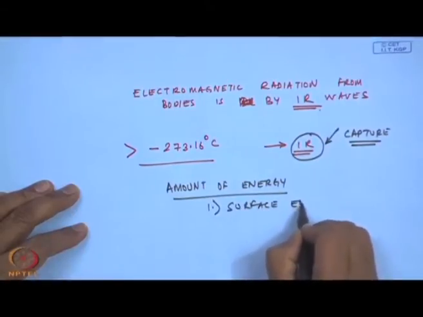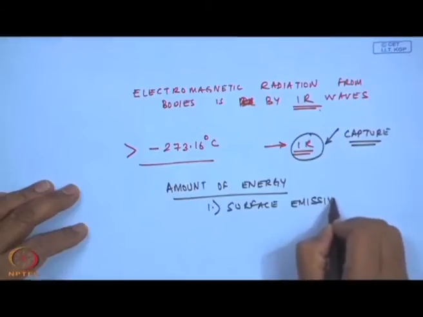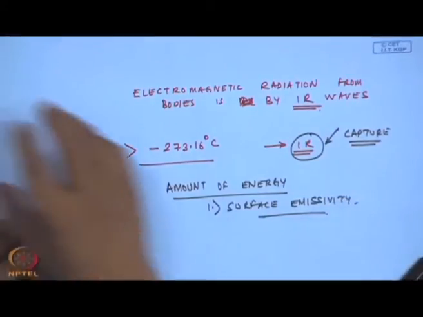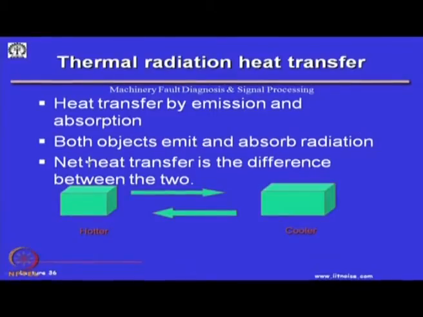We will define what this is, and so on. I will come to the law later, but heat transfer happens by emission and absorption: both objects emit and absorb radiation. Net heat transfer is the difference between the two.